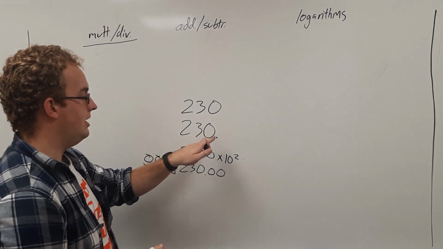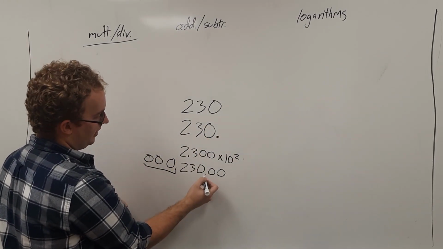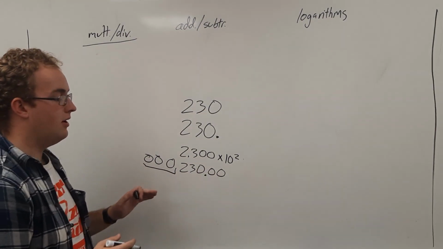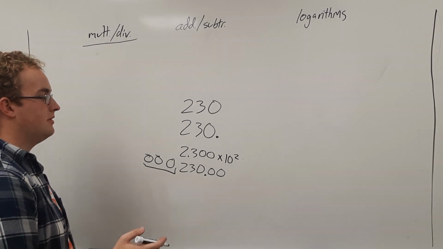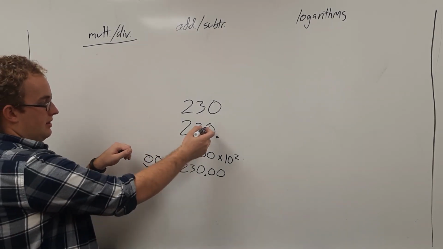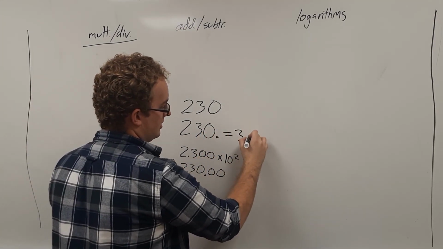Pretty much, if you see a decimal point like this, or right here, then all of the zeros after your last number are significant. So this 0 is after the last number and there's a decimal point. This has 3 sig figs.